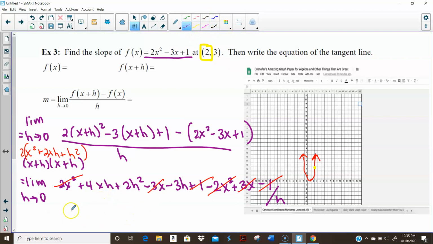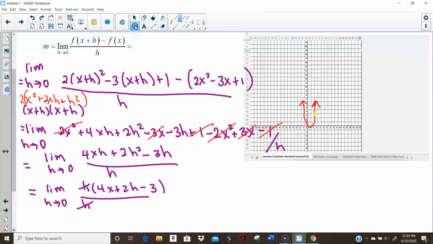So let's write what I have left. This equals the limit as h approaches 0 of 4xh plus 2h squared minus 3h all over h. And you can see that I have a common h in the numerator. So you can see I factored an h out right there.